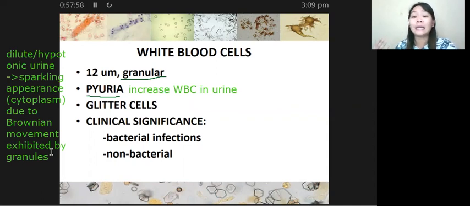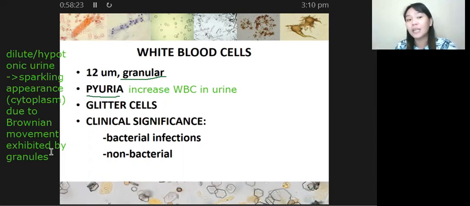So due to the increase in fluid in the cytoplasm, the granules will undergo Brownian movement, which is the cause of the sparkling appearance of your WBCs.